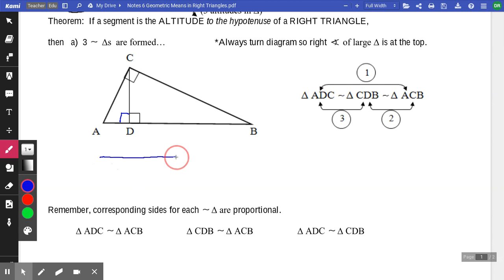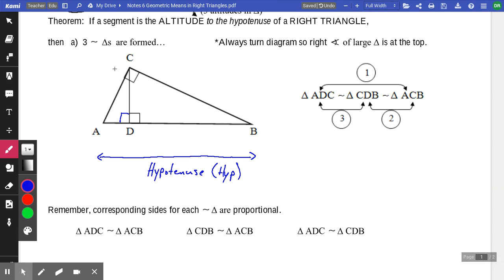It'd be the side AB. So from A to B, that's our hypotenuse, and I'm going to abbreviate that as just HYP. So the hypotenuse is here, and we're talking about the original right triangle, the big one.